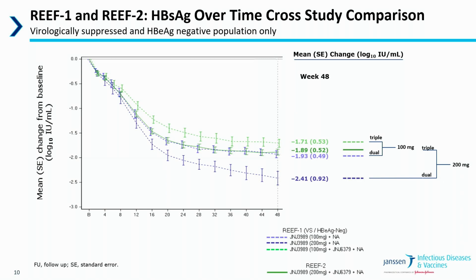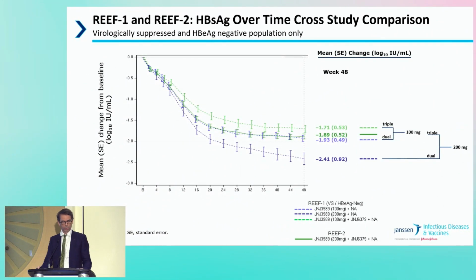So what we did here, and this is new data or a new look at this cross-study comparison, Reef-1 and Reef-2, we only included patients from Reef-1 that were virologically suppressed and E-negative at entry, and we see 4 lines here.